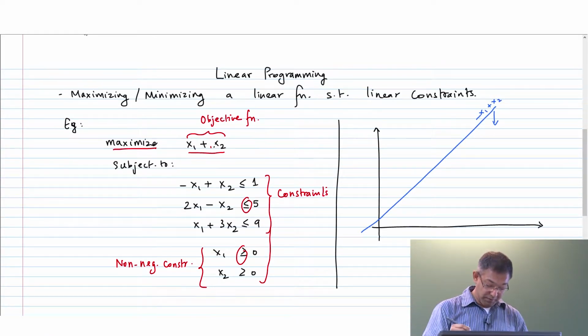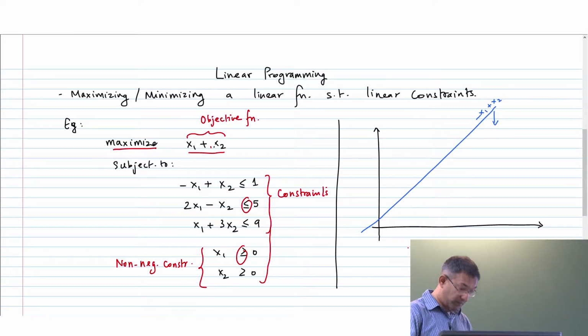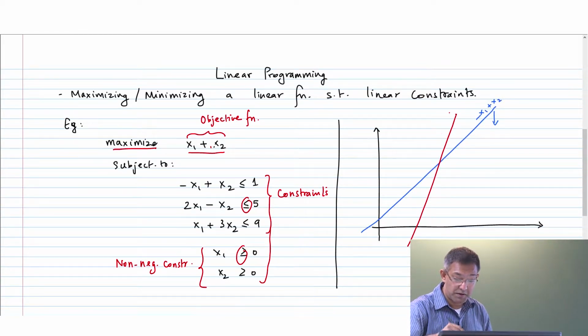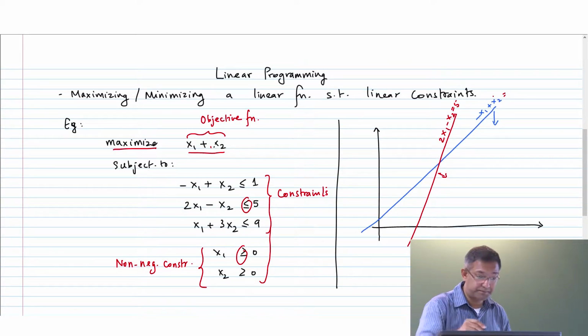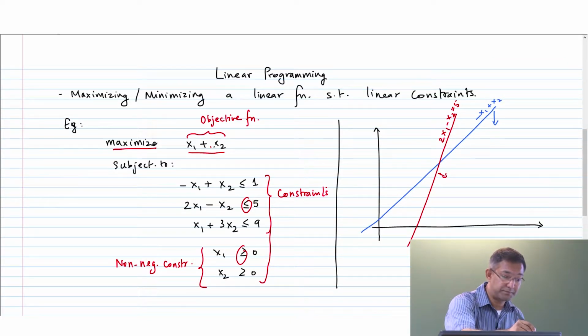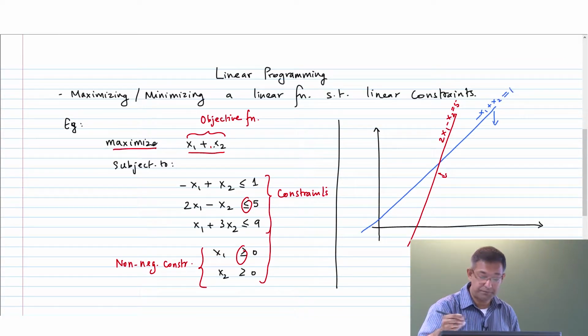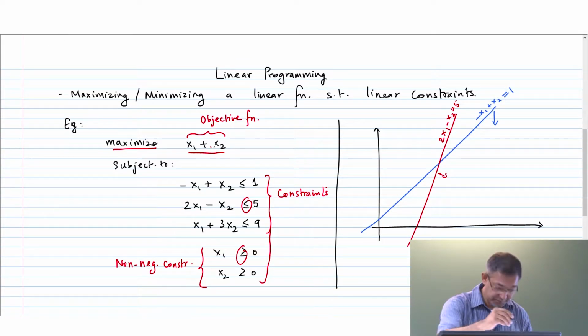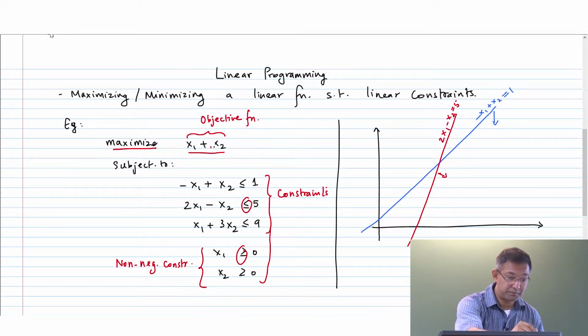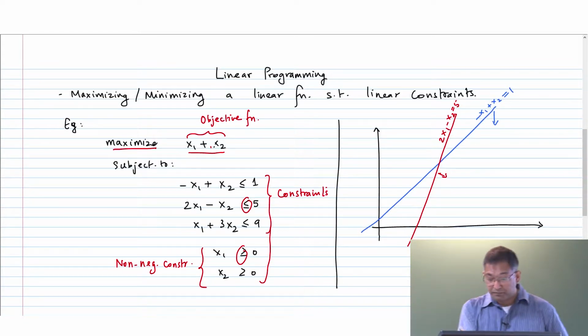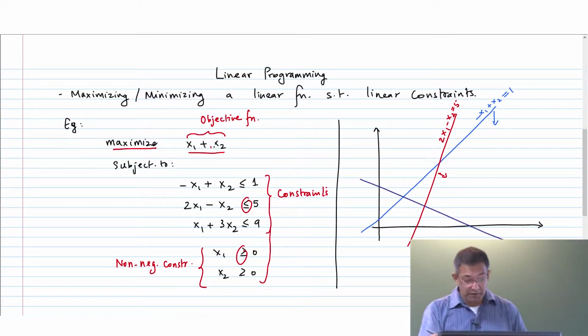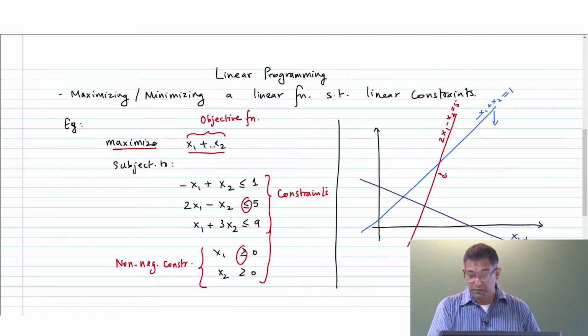Now 2x1 minus x2 equal to 5, this is the line, and this is the line x1 plus 3x2 equal to 9.